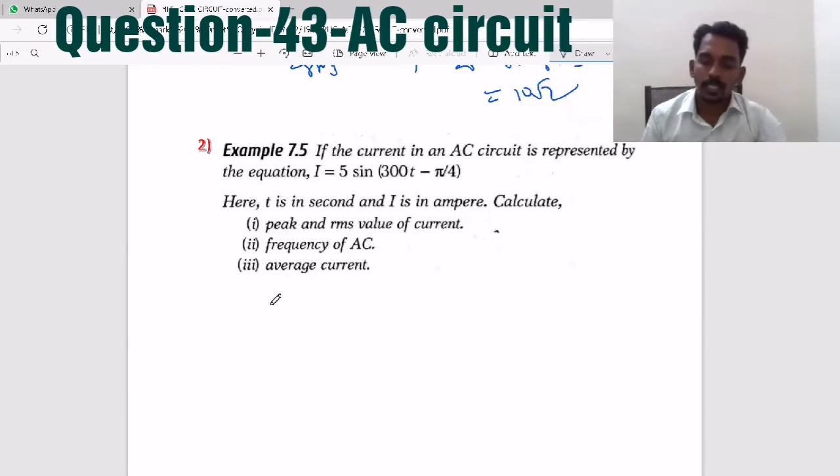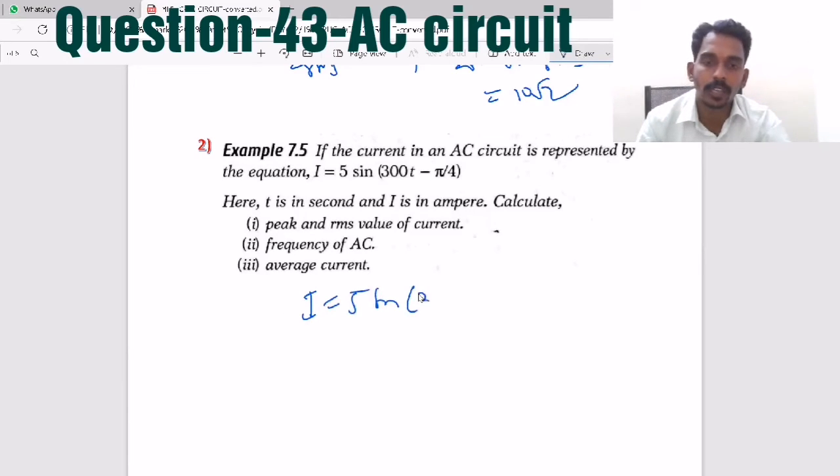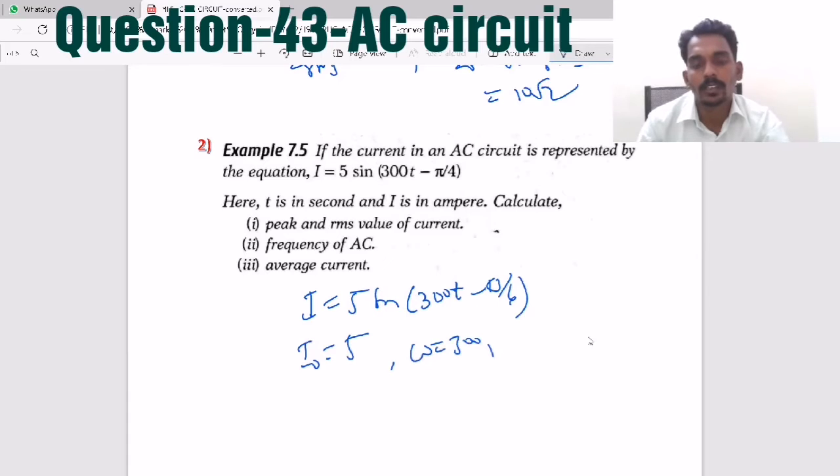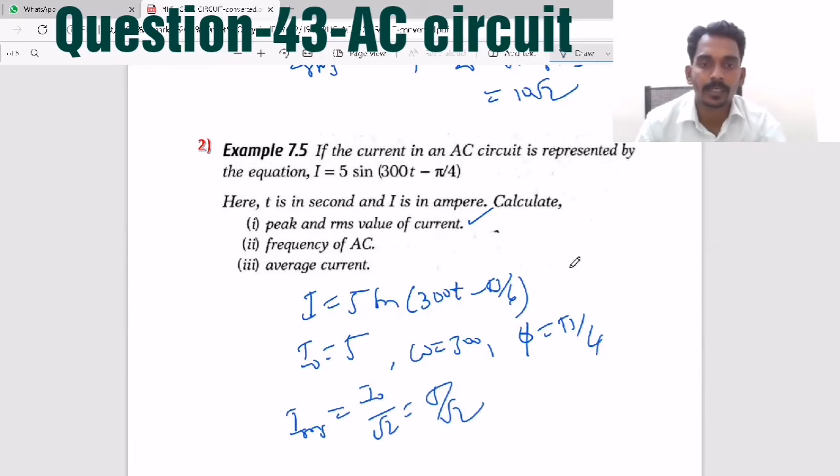Now here they have given an equation. From the equation you can realize that the current equation they have given is I equal to 5 sine (300t minus pi by 4). First thing is amplitude is 5 and omega is 300 and phase difference is pi by 4. The first thing they are asking is peak and RMS value. Peak value is this one and RMS value is I naught by root 2 equal to 5 by root 2.